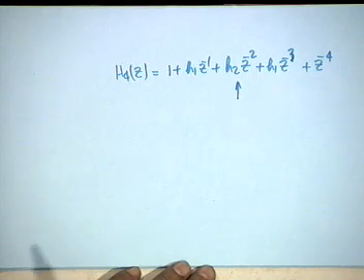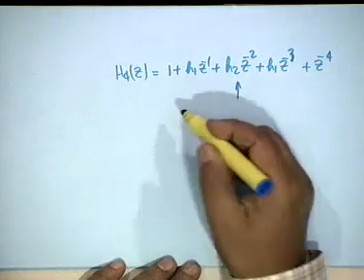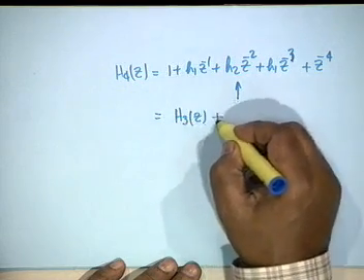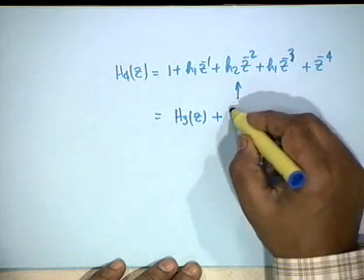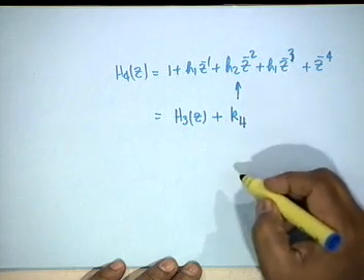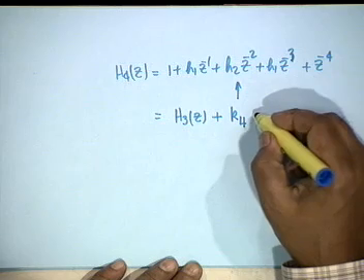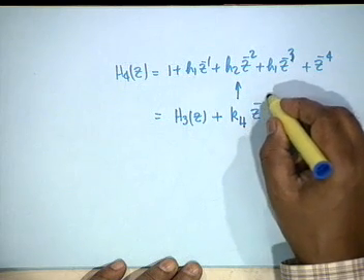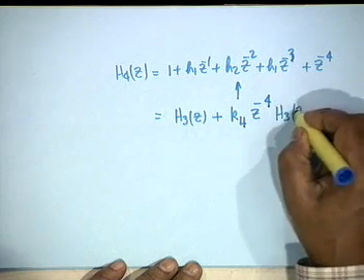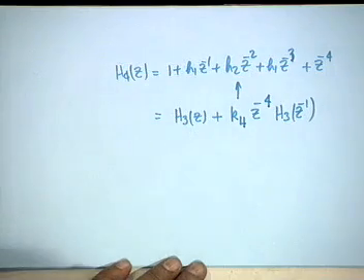Now how to decompose? Since I want to write this as H3(z) plus K4 z to the minus 4 H3(z inverse), agree?